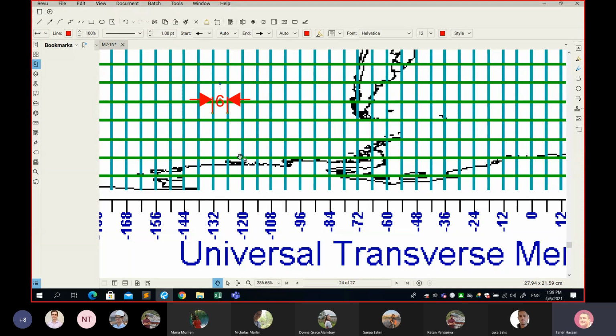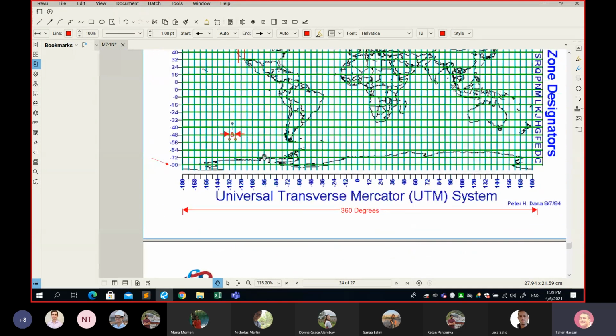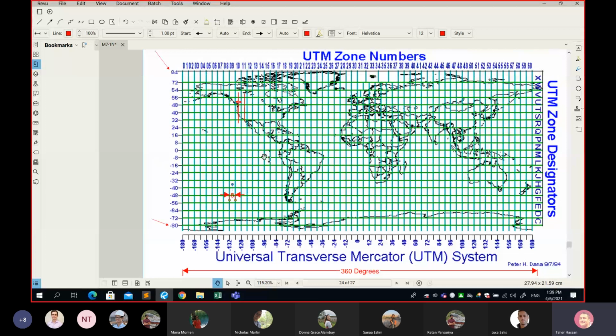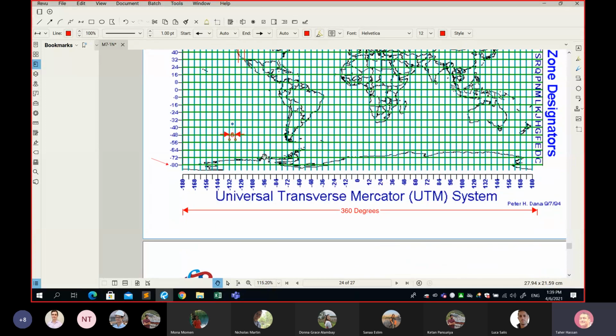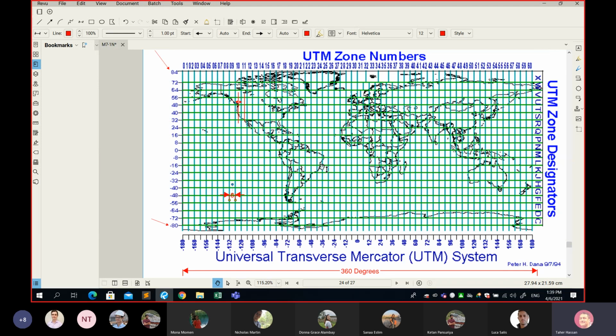Now I'm asking you, if the zone is 6 degrees, so 3 degrees west of the central meridian and 3 degrees east of the central meridian, how many zones in total? You can do the math. 360 degrees divided by 6 gives you a total of 60 zones.